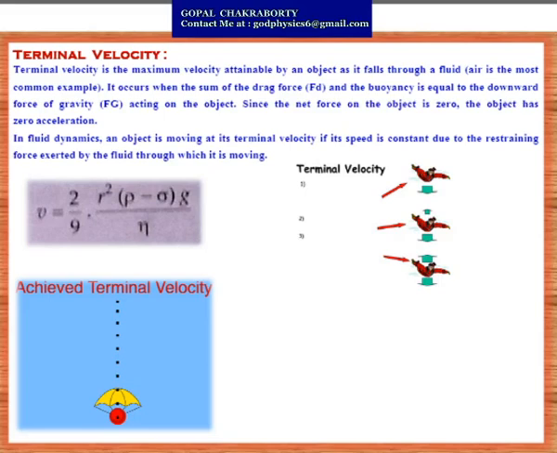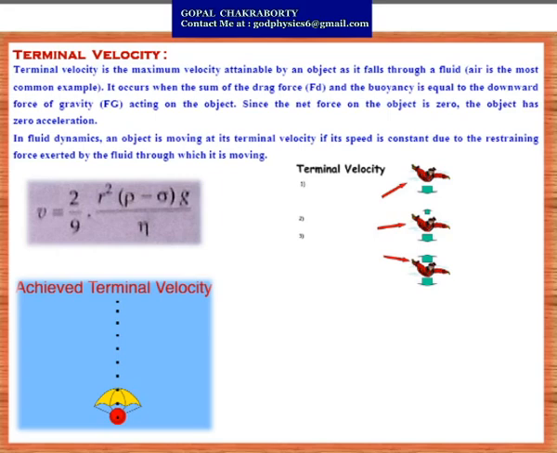Now what is terminal velocity? Terminal velocity is the maximum velocity attainable by an object as it falls through a fluid. It occurs when the sum of the drag force and the buoyancy is equal to the downward force of gravity acting on the object.